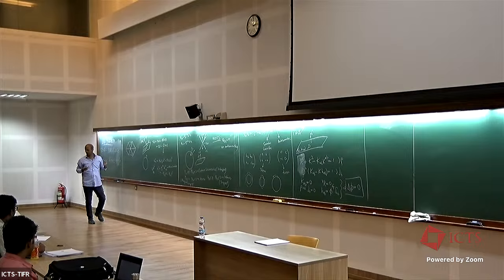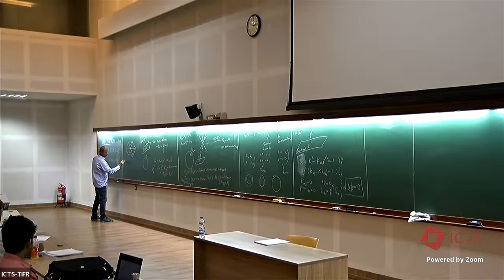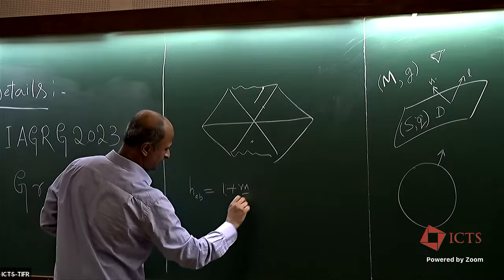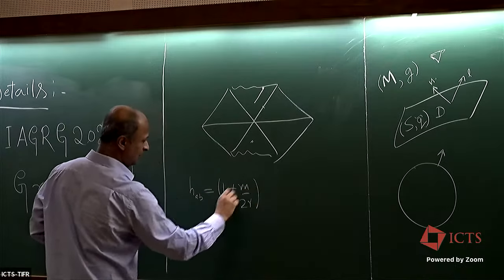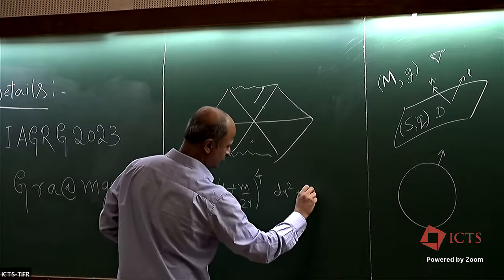then you can show that the metric on this slice, and it's best using a different coordinate system known as isotropic coordinates, is of the form h equals (1 plus m upon 2r) to the power 4, times dr squared plus r squared dΩ squared.